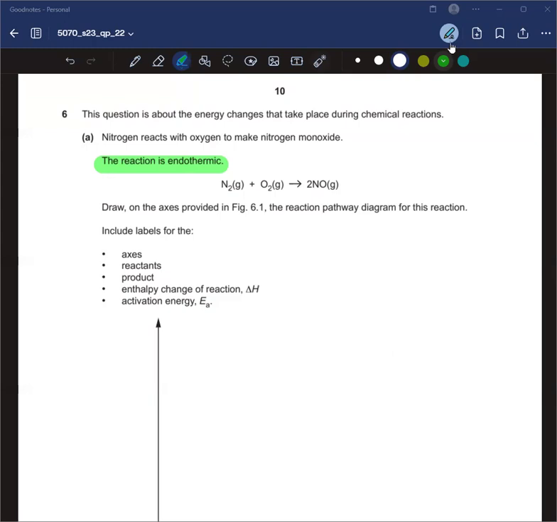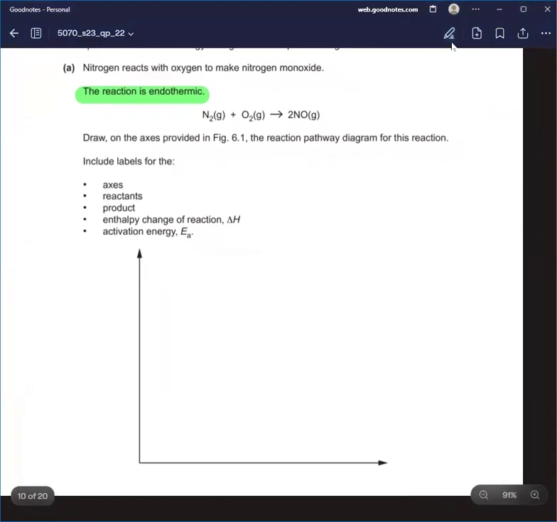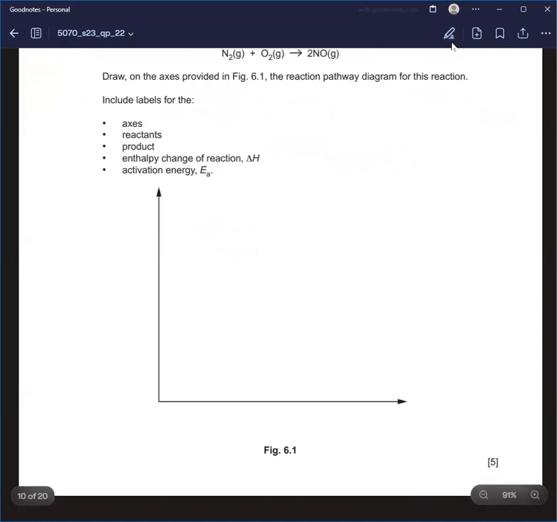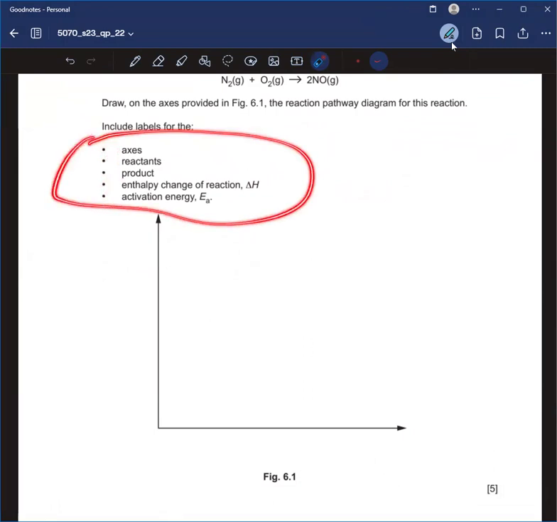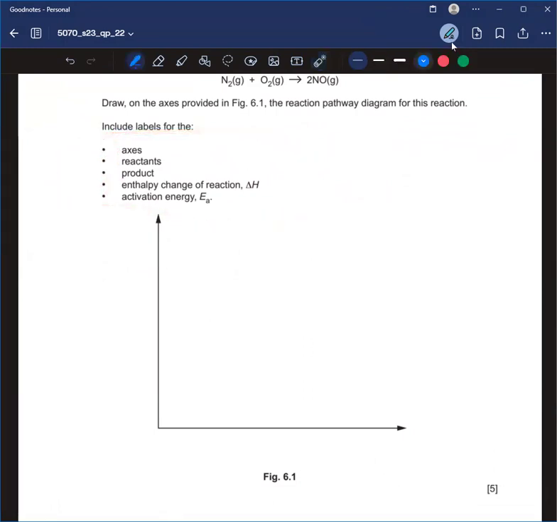So it's an endothermic reaction. The question is for 5 marks, and we have to do these 1, 2, 3, 4, 5. A graph should contain these 5 things. All right, let me first draw it, then I'll label it.